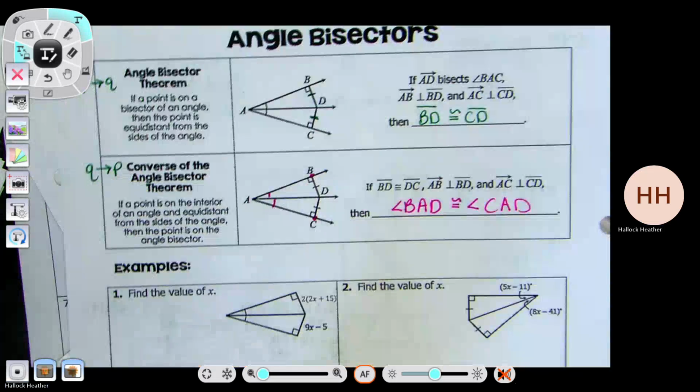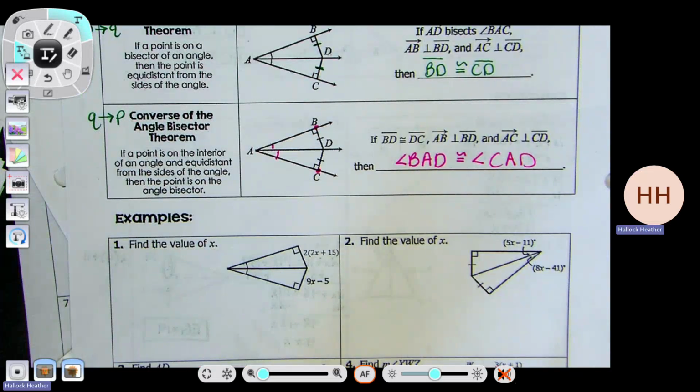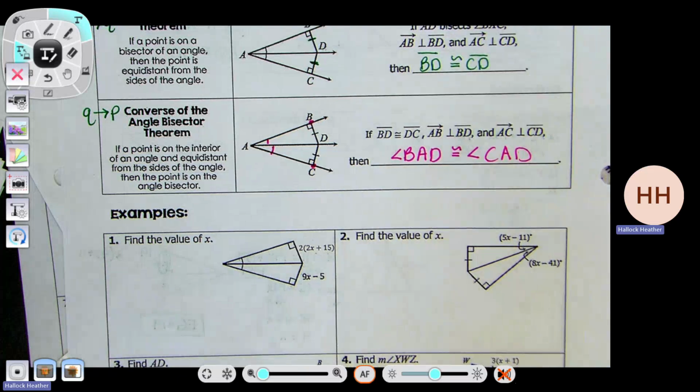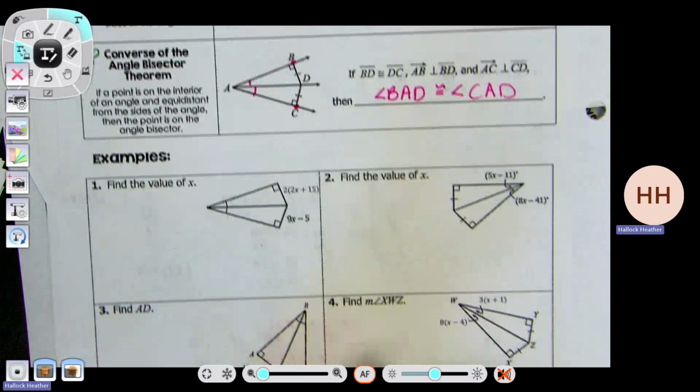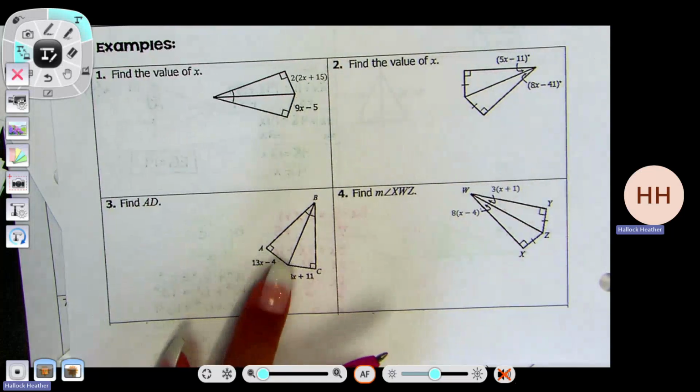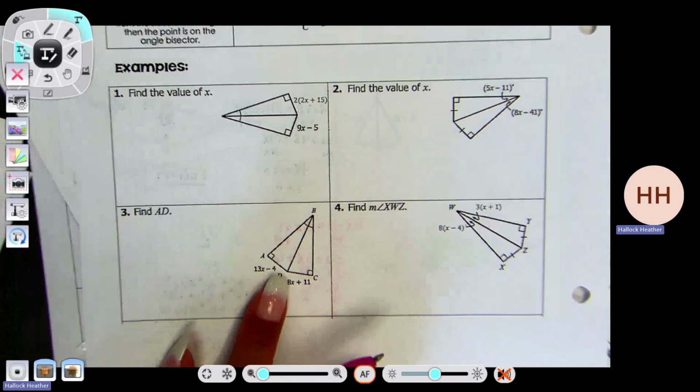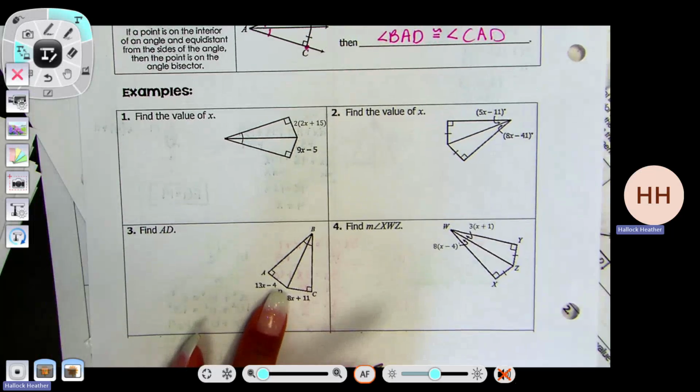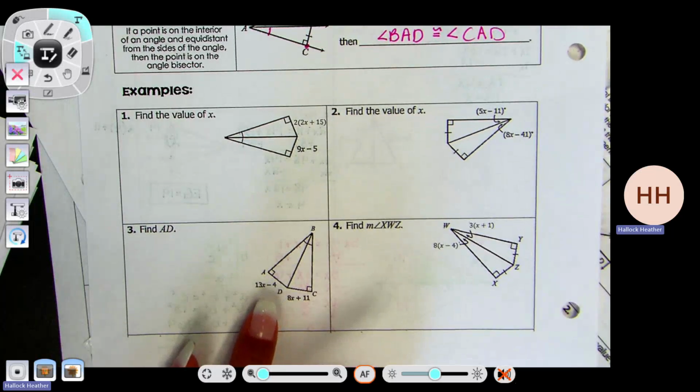So we're only going to do 2 of these because they're easy peasy. We're going to do 3 and 4. So for question 3, it's the same math as the front. You're going to take your segments, set them equal to each other, and plug it back in to find AD. So take a minute, set them equal to each other.